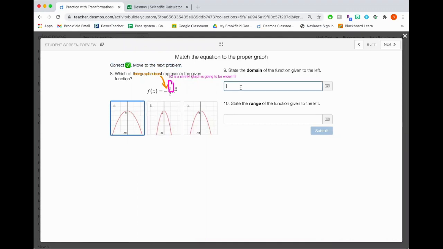The domain of any quadratic, as I said before and multiple times, is -infinity to infinity. Every quadratic, always. The range here, remember we want to go bottom to top for the range. So the graph stops at 0.